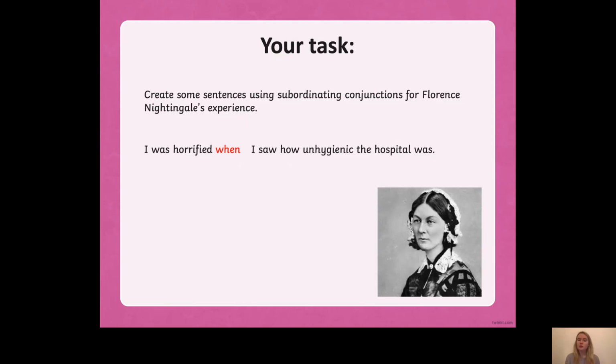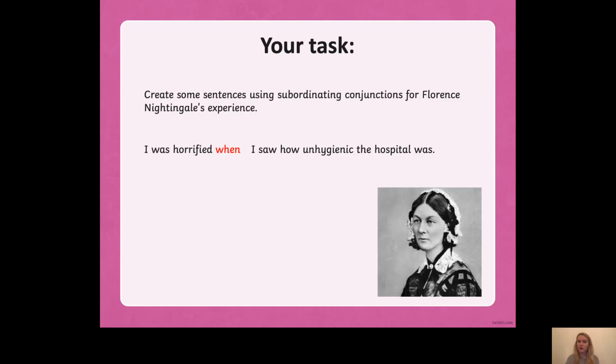So what you need to do is finish my sentences using the subordinating conjunction that I have given you. Now, if you want bonus points, why don't you try to also, once you've written it one way, flip the sentence around so that the subordinating conjunction is at the start and you can have it the other way around too. And then when you're finished, I would like you to have a go at writing some independent sentences using the different subordinating conjunctions.